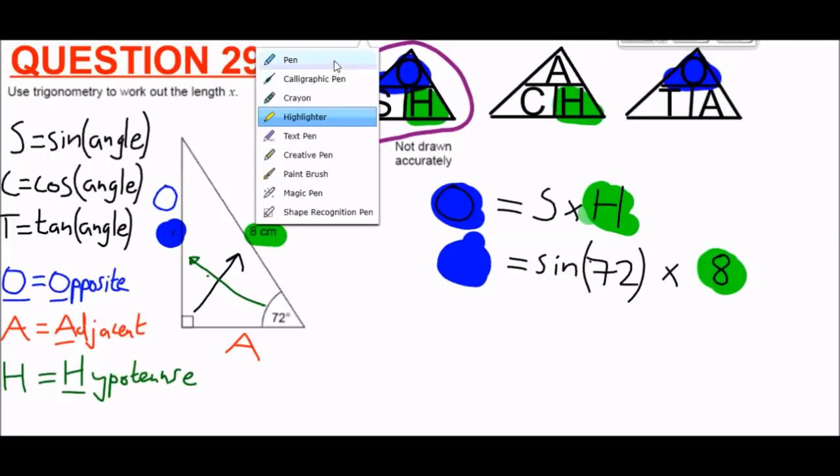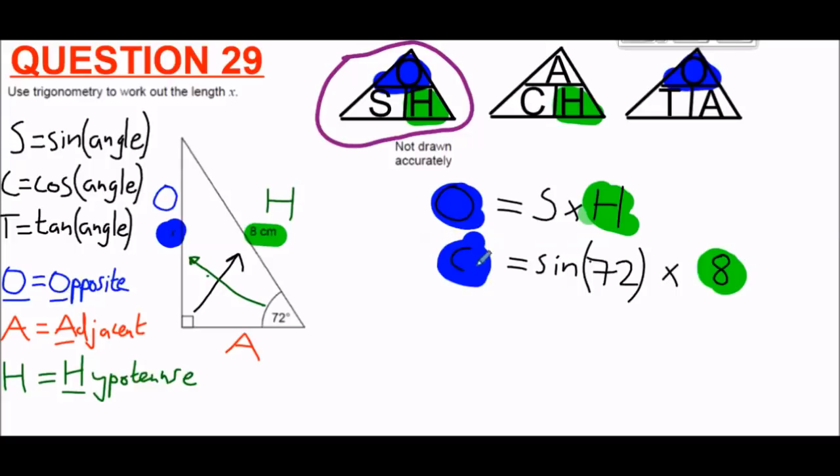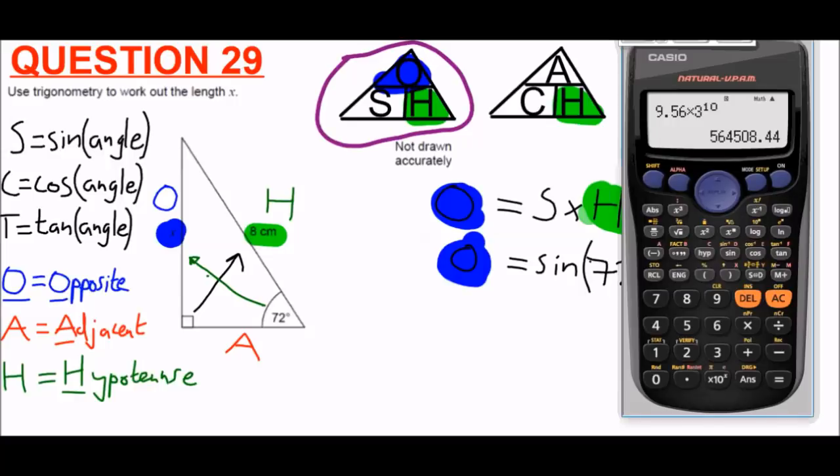So there's nothing more to do now apart from just to use our calculator to work out what this is. So we get the calculator up and ready. And what we need to do now is sin 72 times by 8. I'll just move the calculator across. Never mind, I'll leave it there.